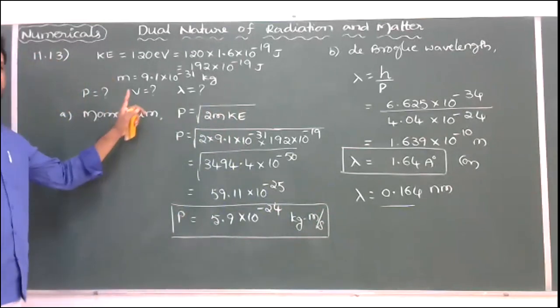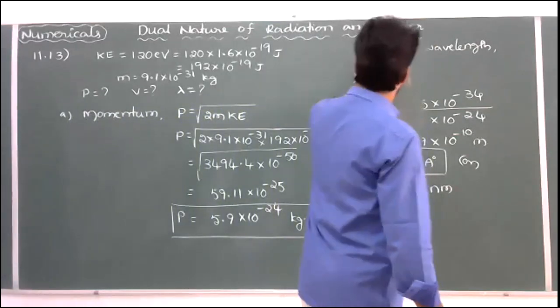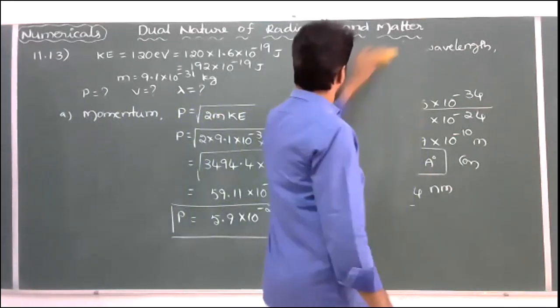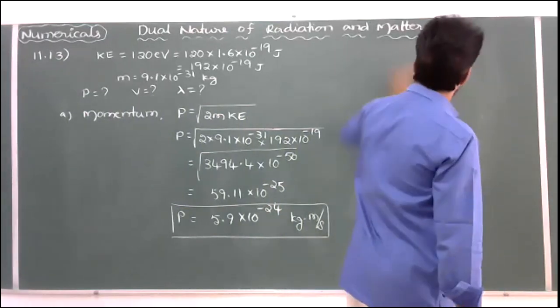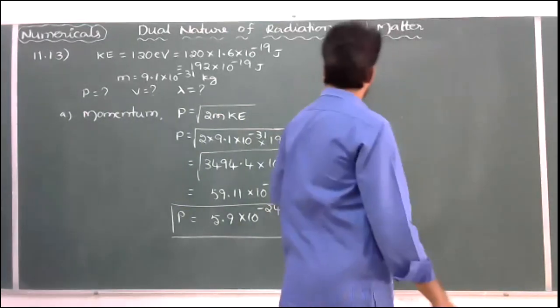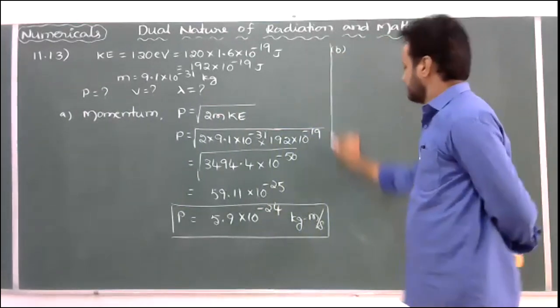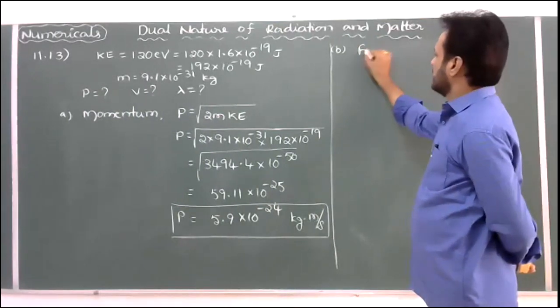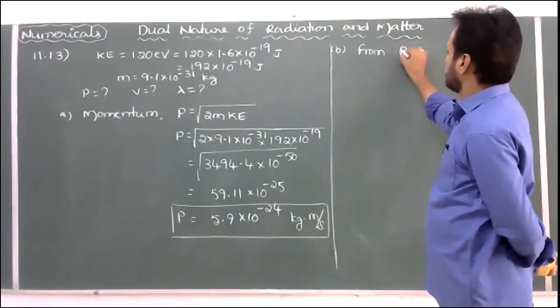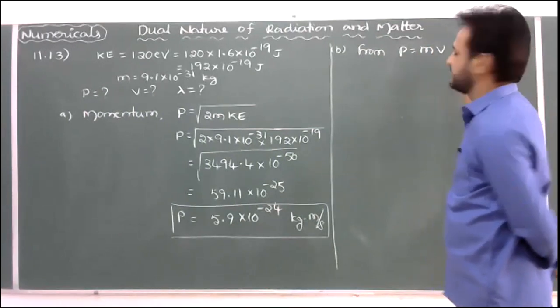Second one, what is the speed asked? We know momentum is equal to mass into velocity. We know the momentum and we know the mass, then we can find the speed also. Second, B. From the formula, momentum of the electron P is equal to mass of electron into velocity of electron.